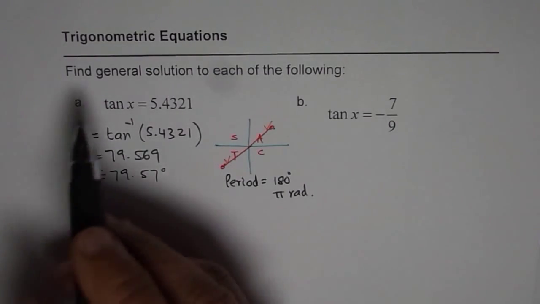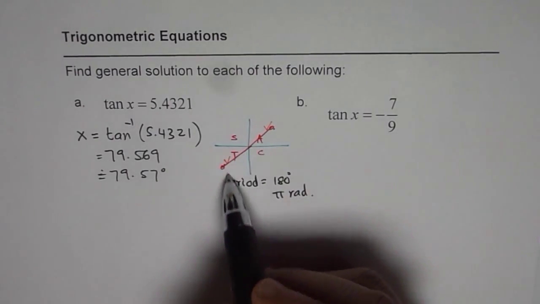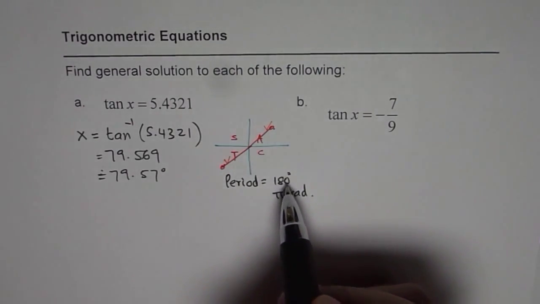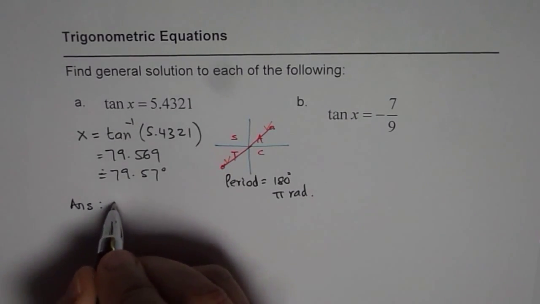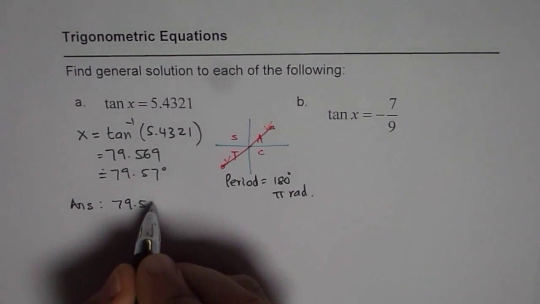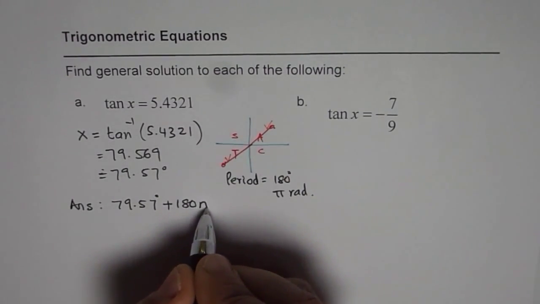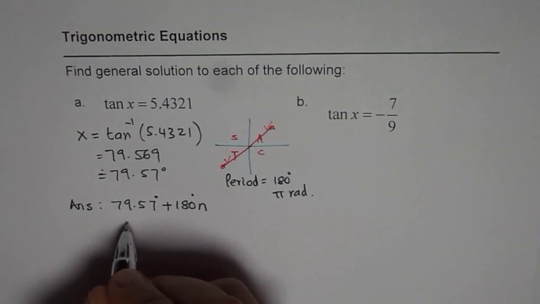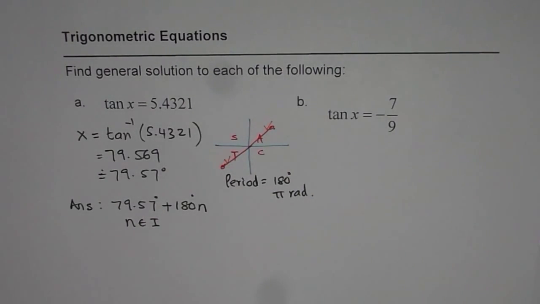Now we are concentrating on the general solution, and since we know that tan repeats after every 180 degrees, we can write the general solution as our answer: 79.57 degrees plus 180n, where n belongs to integers, since tan repeats after every 180 degrees. Correct? So that is how you should find the answer.